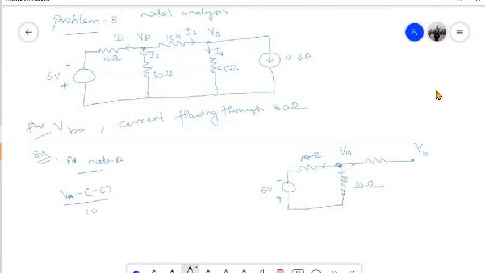Fine. And then what about this current? So this will be VA minus 0 divided by 30. And similarly, what will be the current flowing through this 15 ohm resistance? So this will be VA minus VB divided by 50. This is equal to 0.